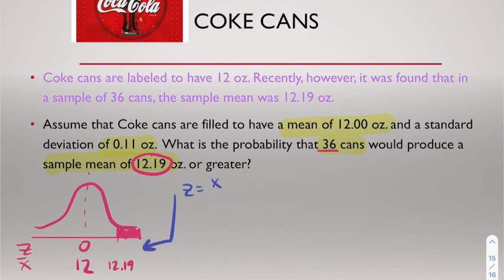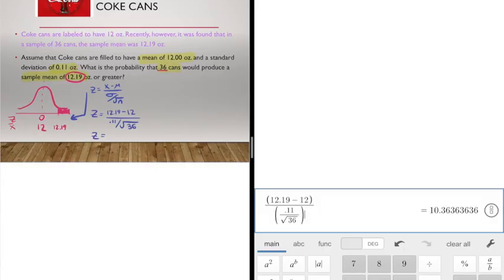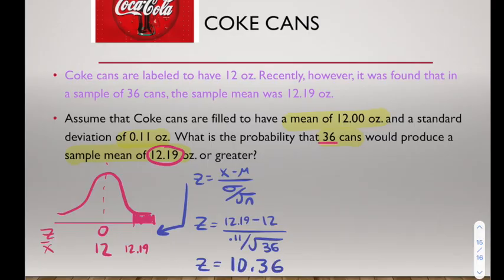Since we're using the central limit theorem, it's going to be the special formula that has the square root of n below sigma. So we have our x, or our x bar really, 12.19, minus our mean of 12, divided by our standard deviation of 0.11 over the square root of n, which in this case was 36. And my graphing calculator tells me that I get an answer of 10.36 as my z-score.